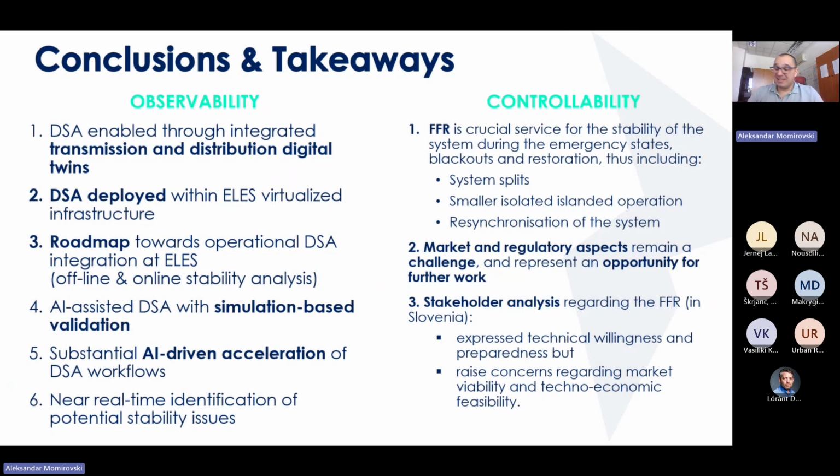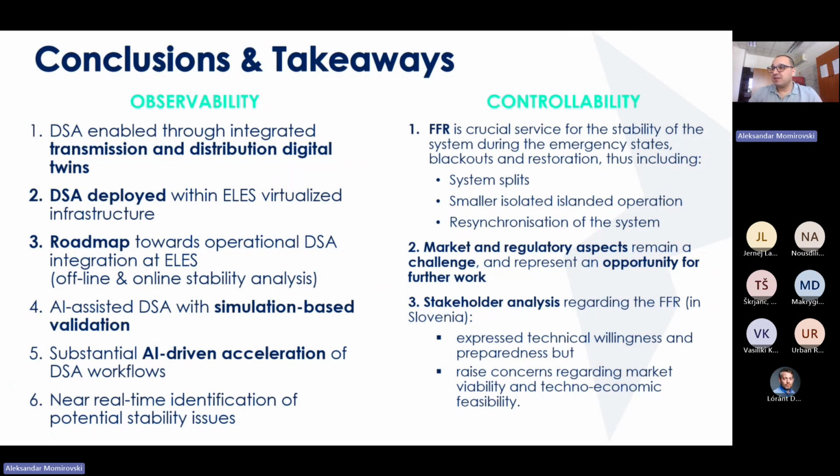So in the Slovenian demo, we had two perspectives of use. The first one is observability, where we emphasized the DSA tool, which enabled integrated transmission and distribution digital twins.